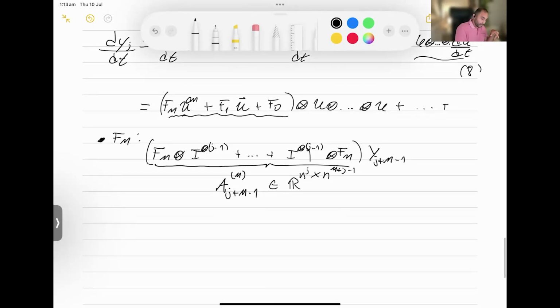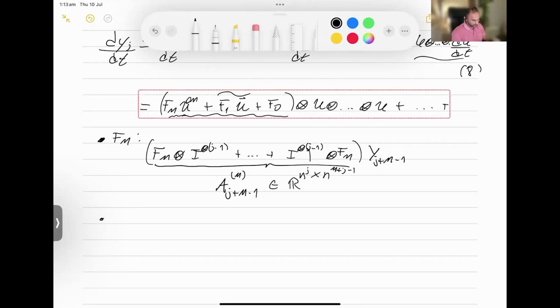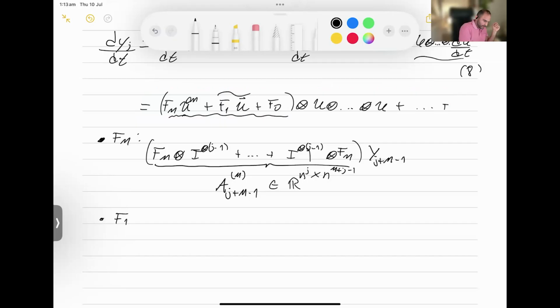And then F1 is actually easier in some sense, because for F1 I just keep exactly the same elements that I have. Look at here: I remove the F1 aside, and you're going to keep the same elements of u's that I have at the beginning, I have at the end. So for F1 you have again the same idea.